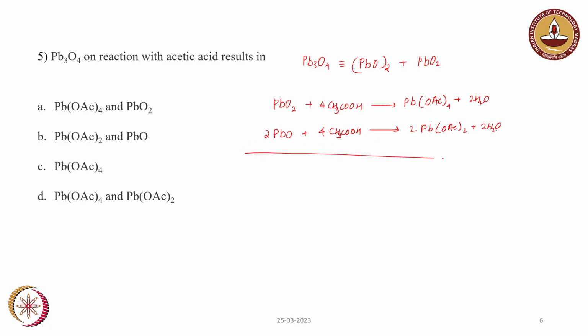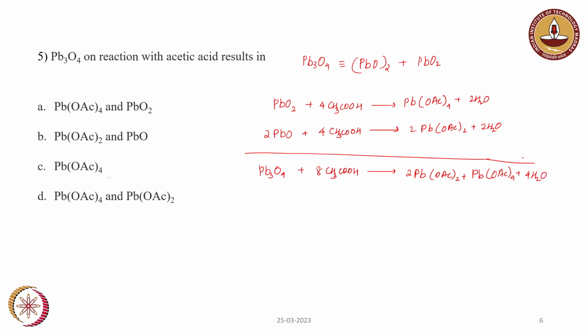So for the total reaction, we can rewrite PbO2 and 2 PbO as Pb3O4. So Pb3O4 plus 8 acetic acid will give 2 Pb(OAc)2 plus Pb(OAc)4 plus 4 H2O.